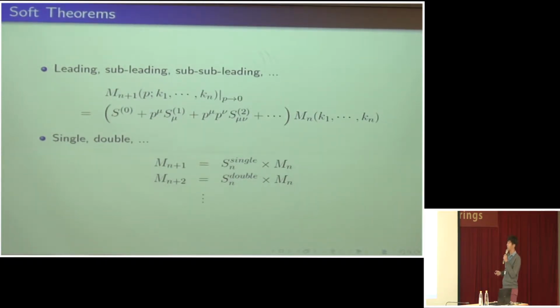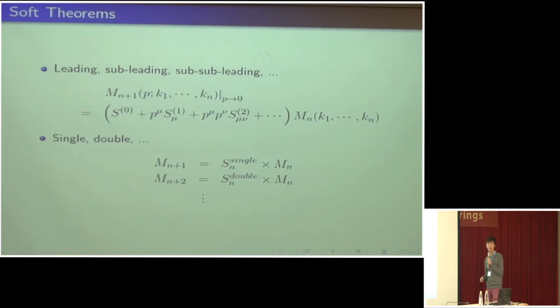But the simplest case is that we expand the soft theorem from the order of 1. So in that case, we call S0 the leading soft theorem, S1 the subleading, and S2 the sub-subleading, and so on.